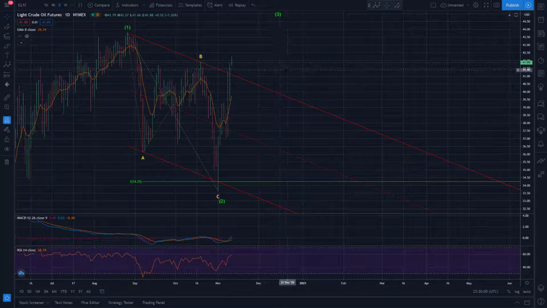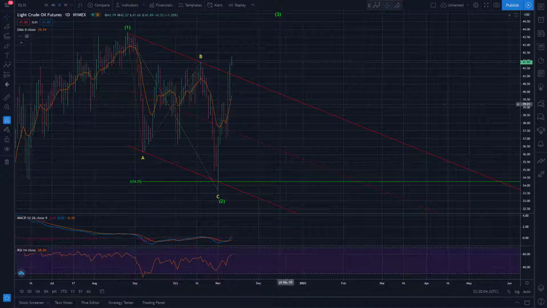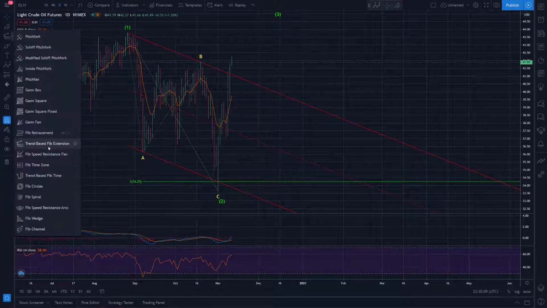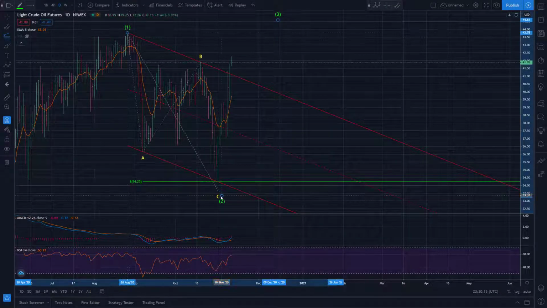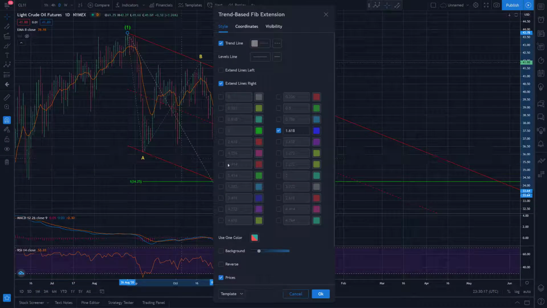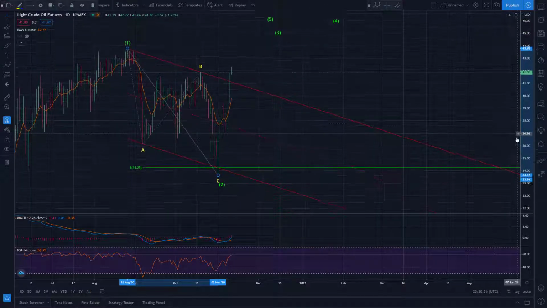So as far as oil's upward targets, I don't want to look too long term, but I like to base targets off of the corrective pattern that we appear to have just completed. So if we just do a little reverse fib projection to the upside, and let me just put on some of those common numbers, the 1.382 and 2 reverse fib projections.